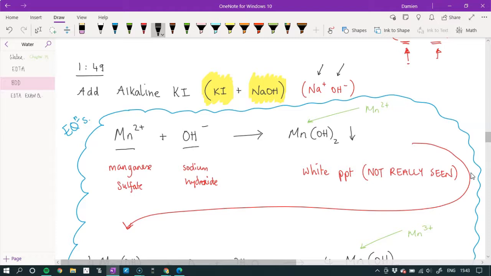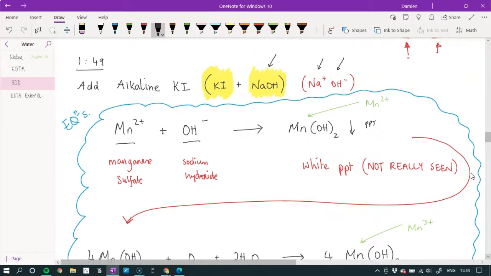We now have OH-, which comes from the NaOH that we've just added as part of our potassium iodide. The Mn2+ from the first addition and the OH- from the second addition will form Mn(OH)2. This is a white precipitate. When you add these two into the water, it's very difficult to actually see the white precipitate. You don't see it too often.